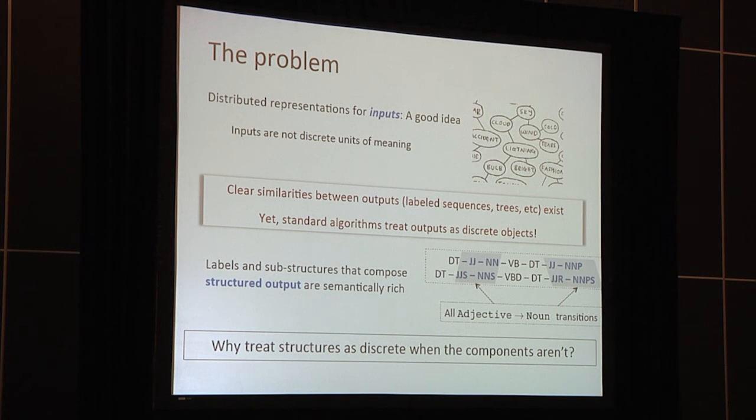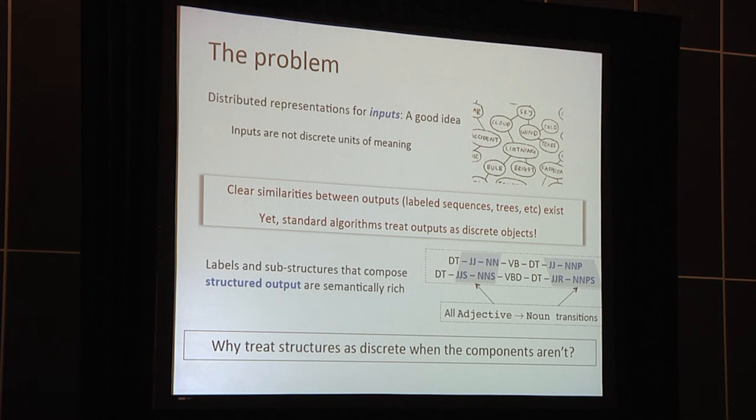I have a toy example on the slide here of part of speech tagging, and you don't have to necessarily understand the details of it. Come talk to me during the poster. These 2 sequences here, if you look at them carefully, are very different. But in fact, if you understand the semantics of the labels here, all the highlighted labels are transitions from adjectives to nouns.